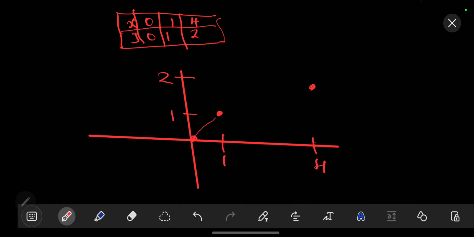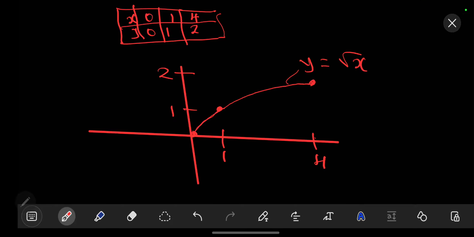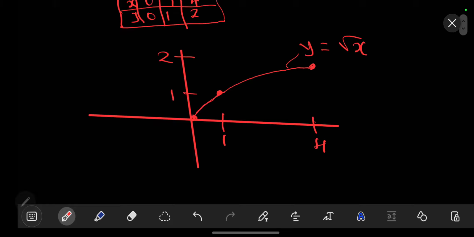So we are going to connect our points, and our graph will look something like this. This is our graph of y equal to the square root of x, which will act as our mother graph. With that, we can now start answering questions.